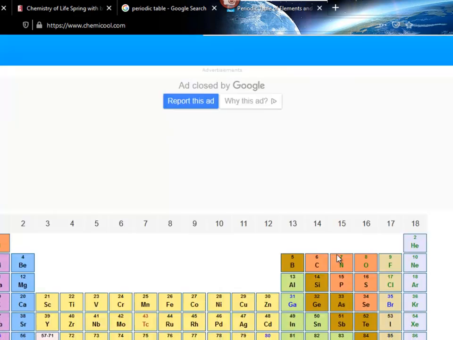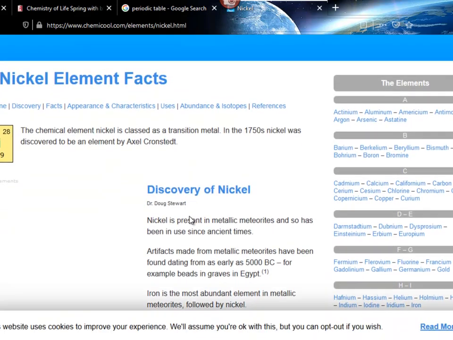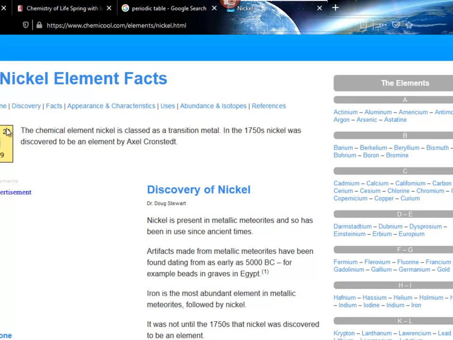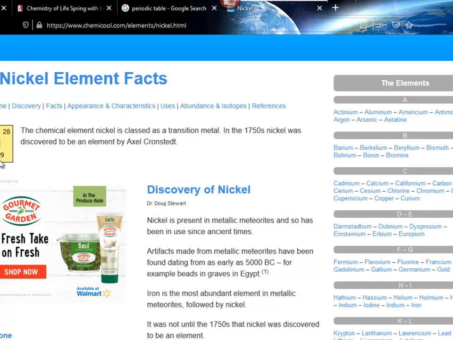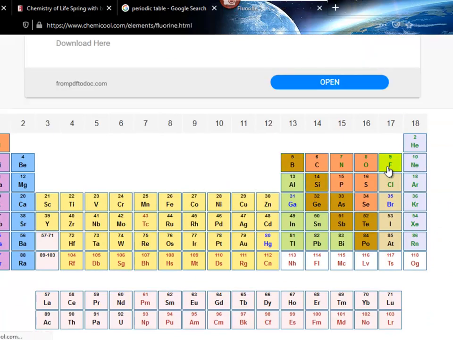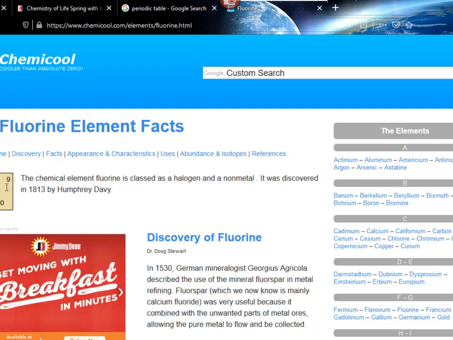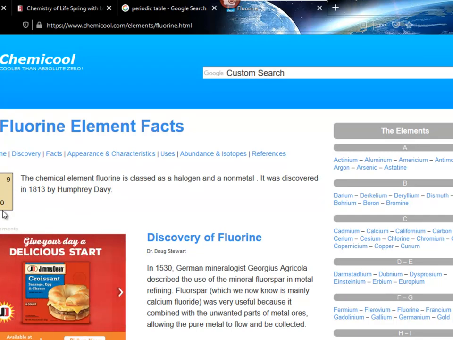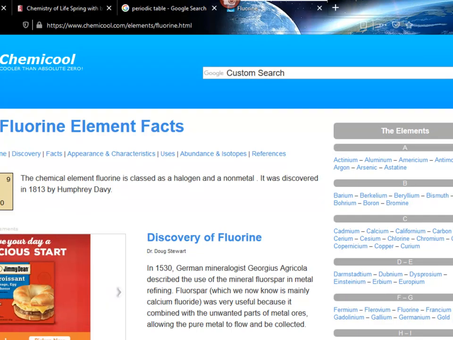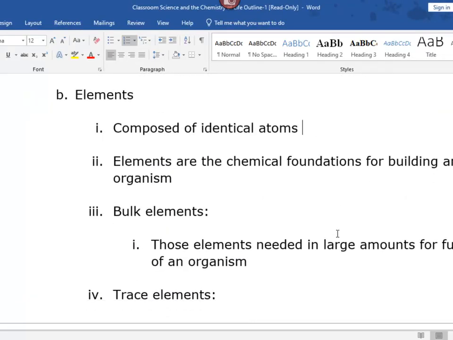So I'm going to click on, that's nickel. So there's the atomic number, and down here is what's called the mass number or the atomic weight. And here's fluorine, excuse me. There's the atomic number. Down here it's called the mass number or the atomic weight. All right, that's some basic chemistry.